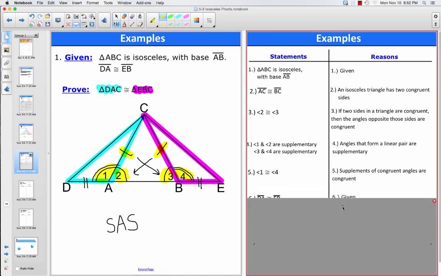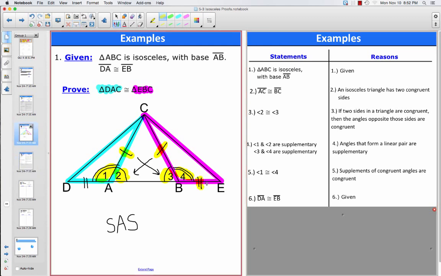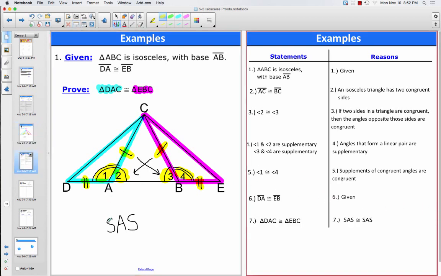And the last piece to our proof is DA is congruent to EB. So now we can go ahead and prove the triangles are congruent by the side angle side method. So triangle DAC is congruent to triangle EBC by side angle side.